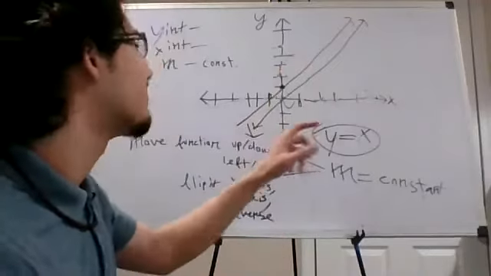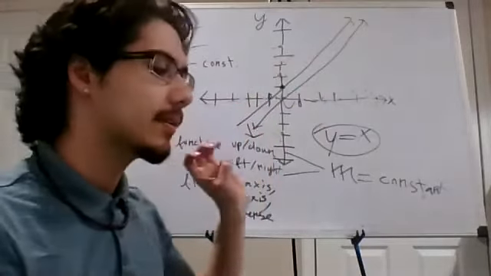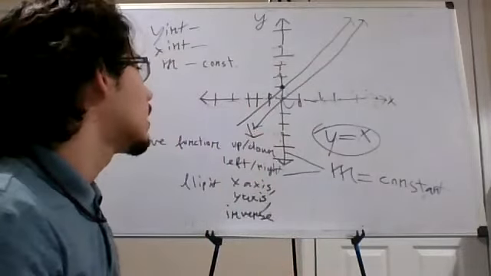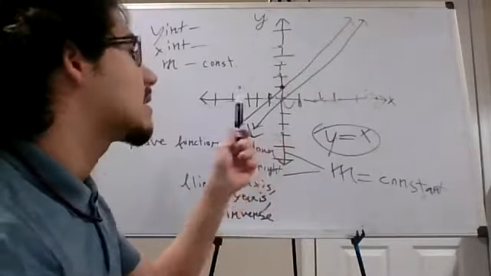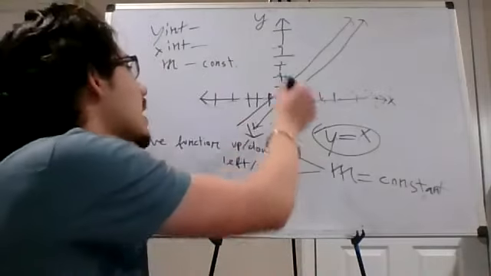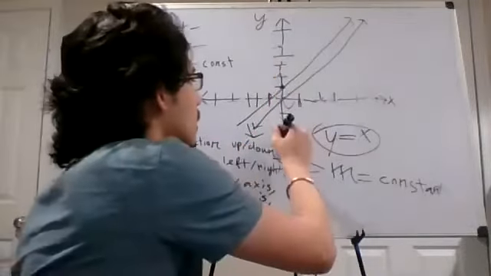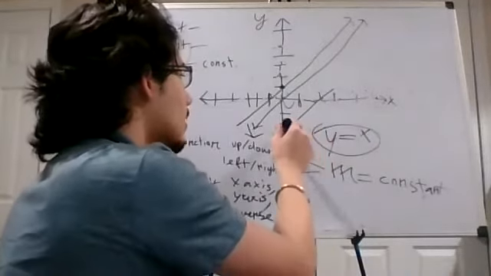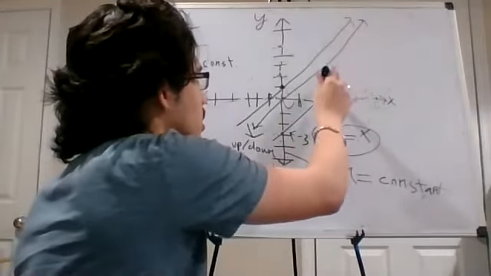When you have a line, the y and the x-intercepts will tell you what the slope is, essentially. As long as it's not at the origin, that is, because at the origin, the y and the x-intercepts are the same. If we had a different line, let's say through here, the y-intercept would be, let's say, -3, and the x-intercept would be 2.